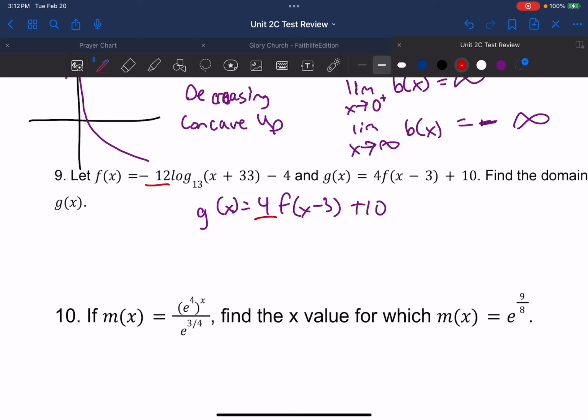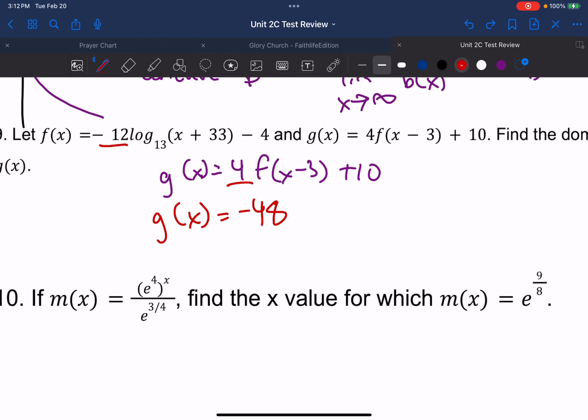So I'm going to multiply these numbers out front. So g of x equals negative 48, because this f right here tells me I'm doing all of these things to the function f. So I'll multiply the numbers in front. And log base 13. I'm replacing whatever x is with x minus 3.